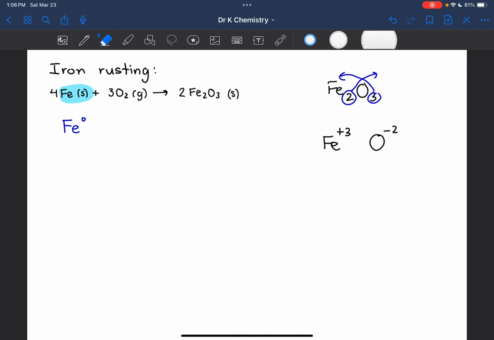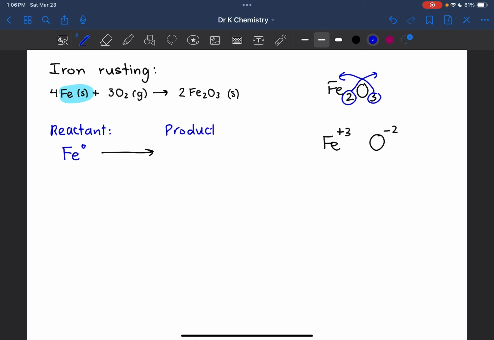So what's happening here is that on the left side of the equation, on the reactant side, we are starting with neutral iron, no charge, and on the product end, we end up with iron with a charge of +3.